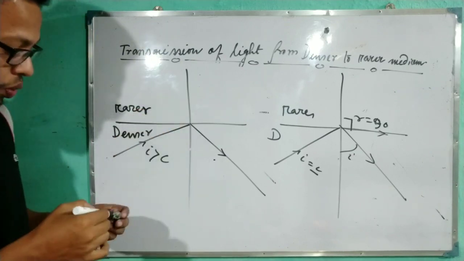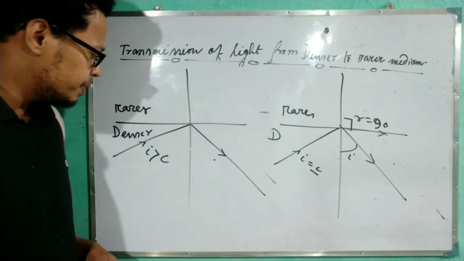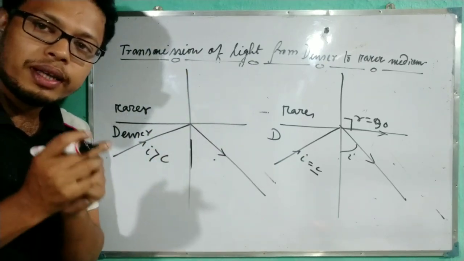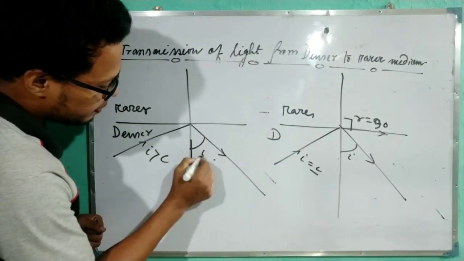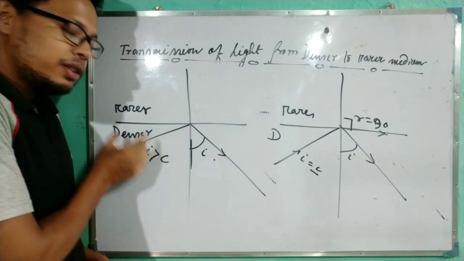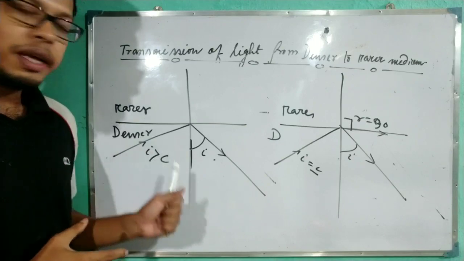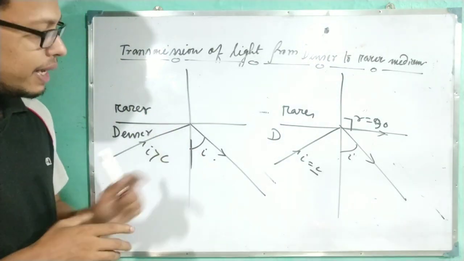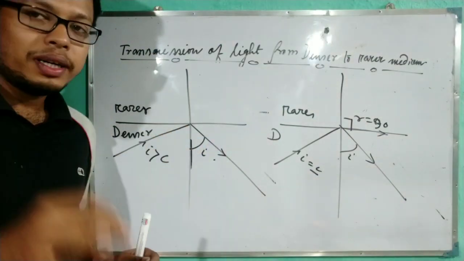So these rays go back to the same medium. That phenomenon is called total internal reflection. This angle will also be I. So when the angle is greater than the critical angle, all the rays go back to the same medium, means to the denser medium. That phenomenon is called total internal reflection.